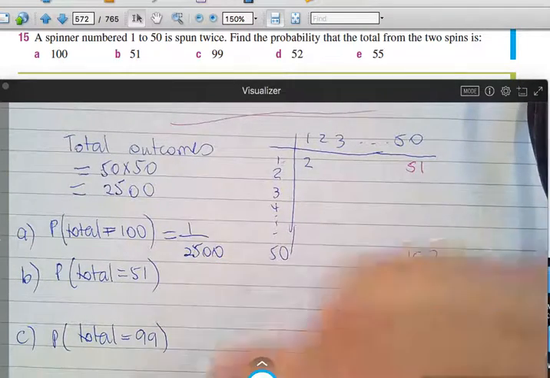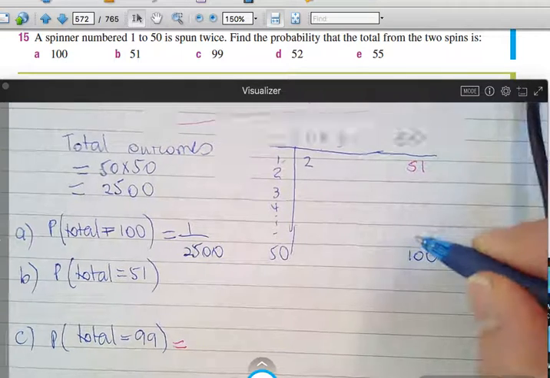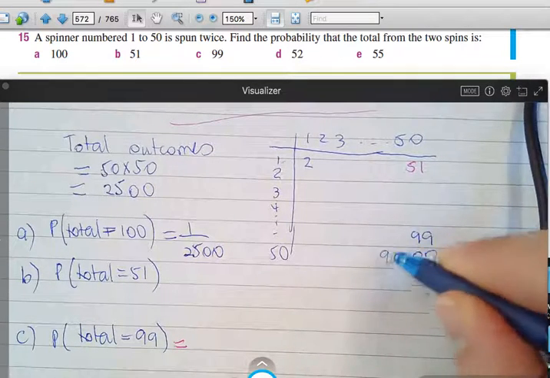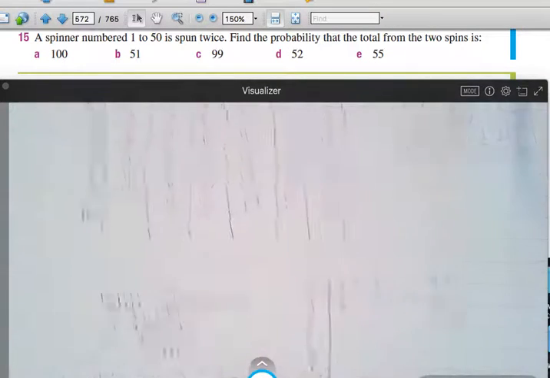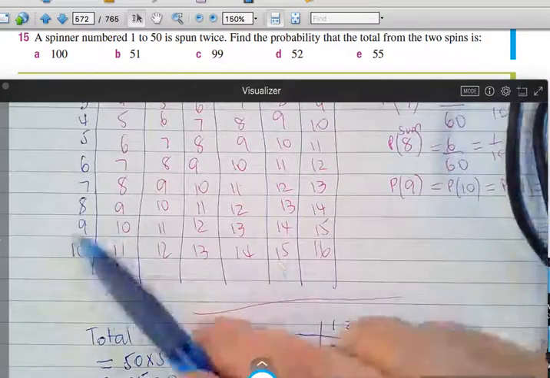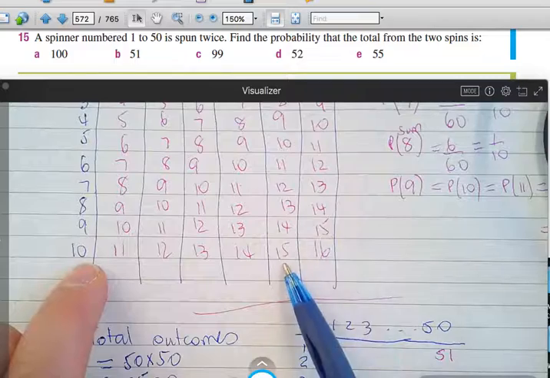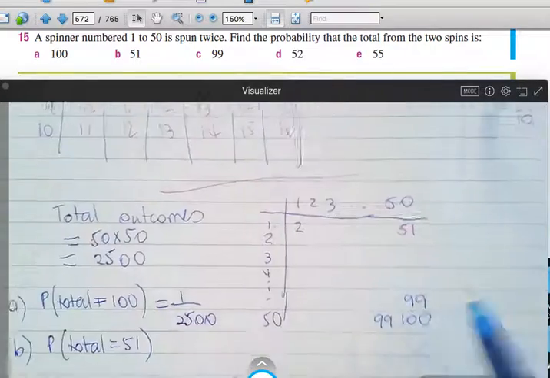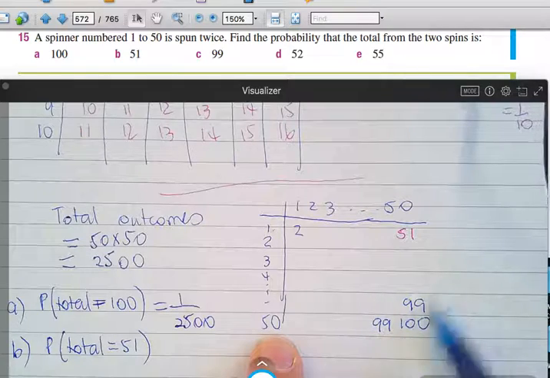How could you get a 99? 50 and 49. Well, won't this one be 99, but won't this one also here be 99? How many of them are there? So you could get a 49 and then a 50, or a 50 and a 49. There'll be 2 99s, just like here, see how I've got 2 15s? A 9 and a 6, or a 6 and a 9. So I could have a 49 and a 50, or a 50 and a 49 for a 99.